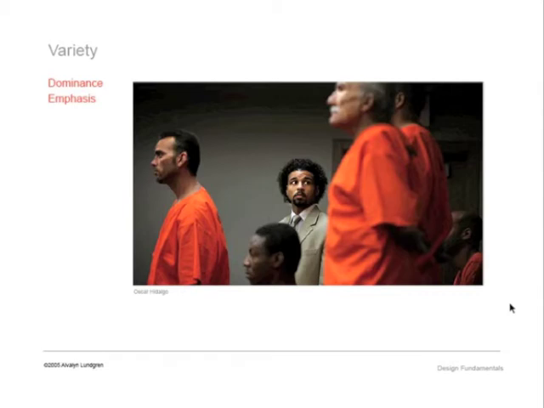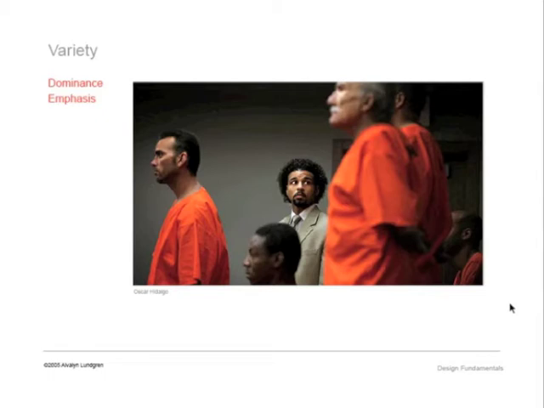As we look in this photo, we notice a couple of things. The psychological line of everybody but the man in the center is going toward the left, so that's a dominant line of sight, a dominant psychological line. The color, the orange color, dominates.